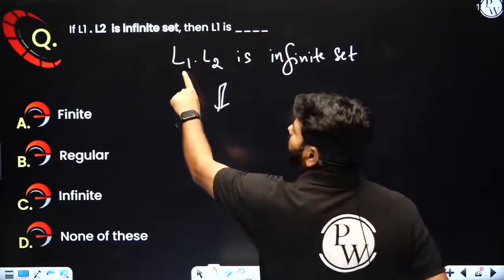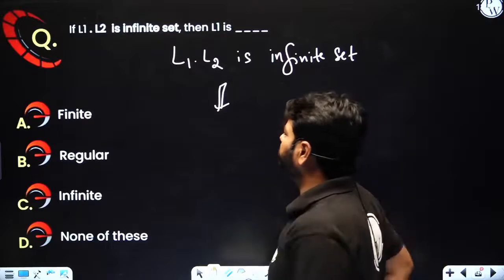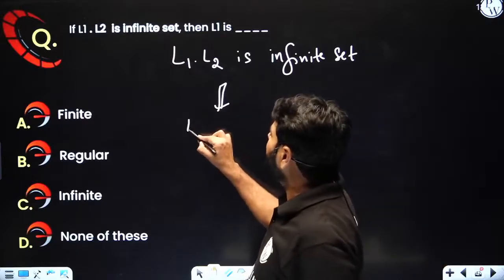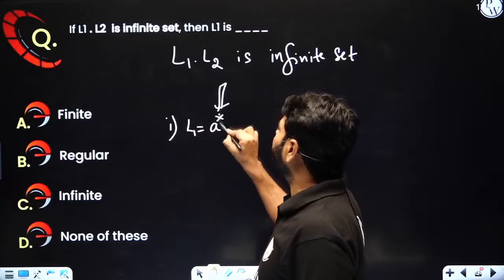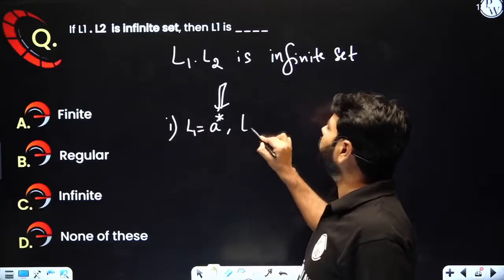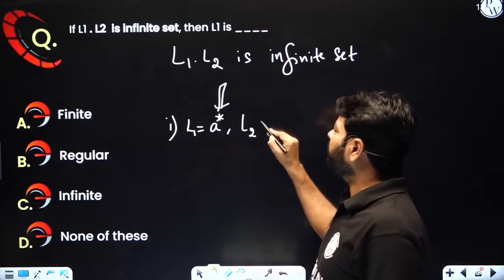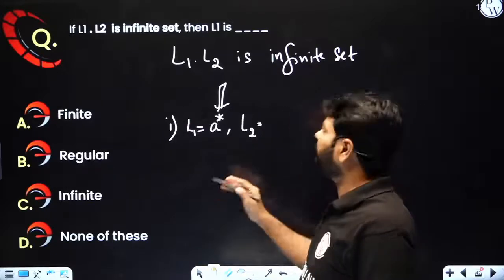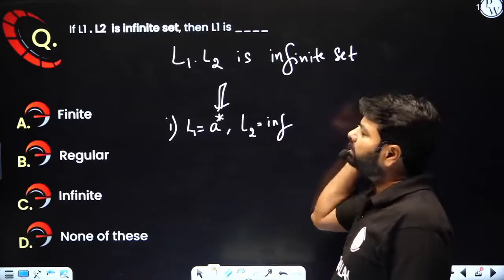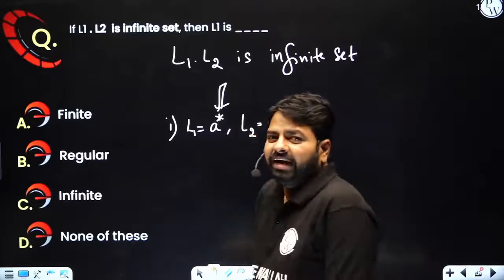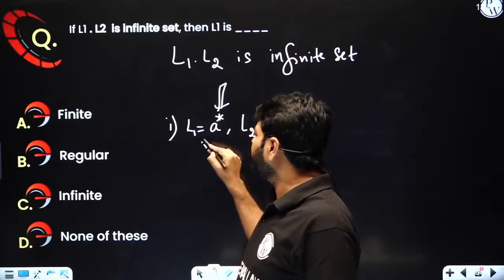Okay, now L1 I'm thinking about infinite. So I'll just say that one case L1 is equal, let's say A star, and L2 you may take same or different one, that's fine. L2 is any infinite, that's enough, right? Result we got an infinite, but L1 not guaranteed to be finite, so this is infinite.